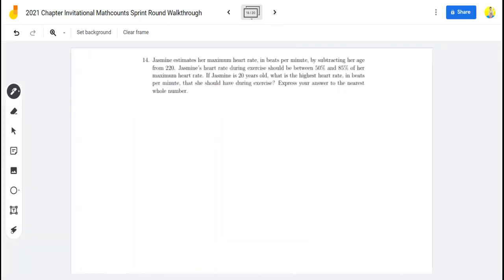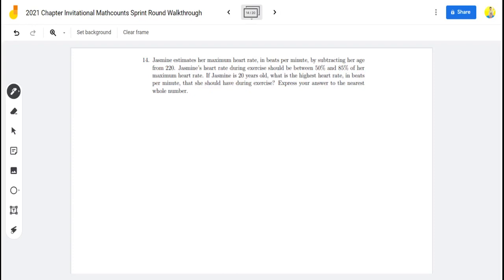Question number 14. Jasmine estimates her maximum heart rate in beats per minute by subtracting her age from 220. Jasmine's heart rate during exercise should be between 50% and 85% of her maximum heart rate. If Jasmine is 20 years old, what is the highest heart rate in beats per minute that she should have during her exercise? Express your answer to the nearest whole number.